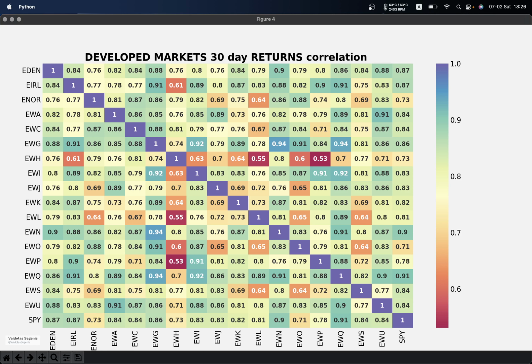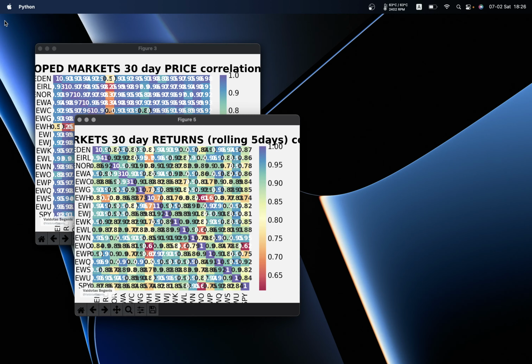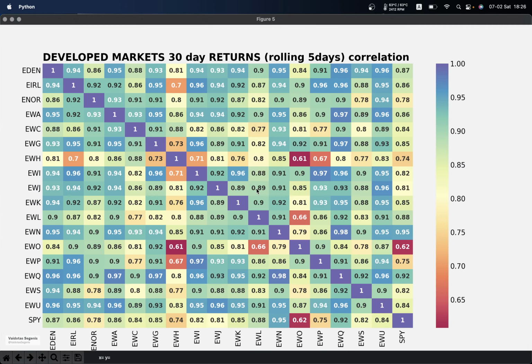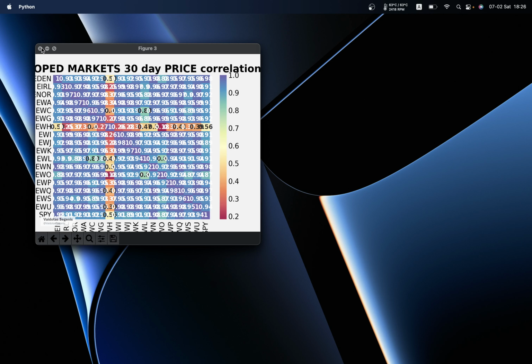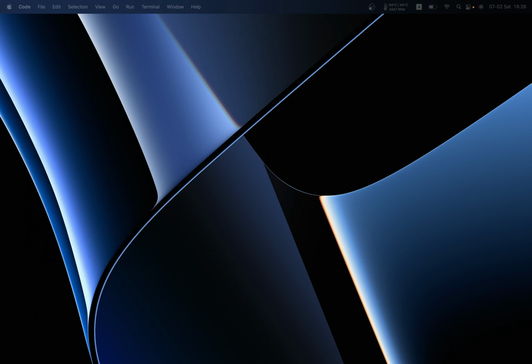So let's move to rolling 5 days quickly, and you will see the same scenario, that EWH has 0.74 and EWO has 0.62. So it's very interesting for me. That's why I added those into my watch list, and that's why I started monitoring all our signals on those. Okay, so I will try to do it a bit faster. Now we'll quickly move to 10 days.